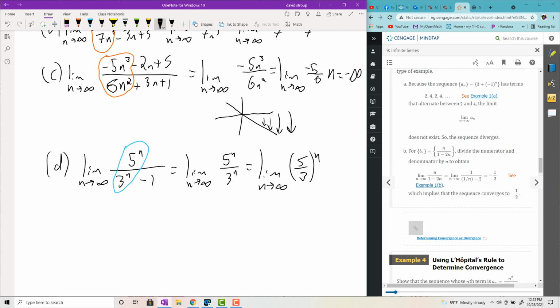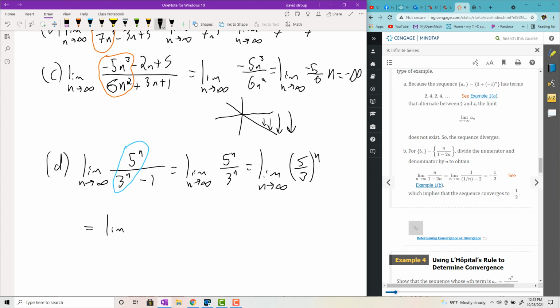If you don't believe me, you can always apply your Calc 1 limit knowledge to these types of limits. Even though these are integer sequences, and technically they're not really continuous, so there's issues there, you could apply the Calc 1 rules, or Calc 2 rules, and you could do L'Hopital's and stuff like that.